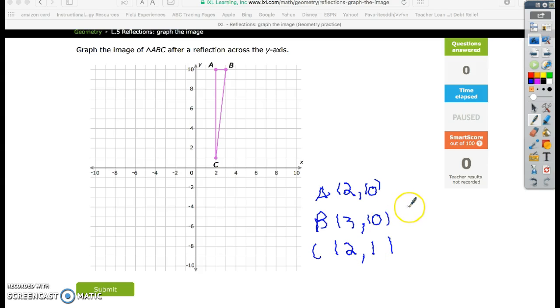Those are my coordinates. Alright, after the coordinates, I have to look at where I'm reflecting across, and I'm reflecting across the y-axis, and I look at my reflection rules and memorize my rules. So reflection across the y-axis, I know that that is change the x. So I'm going to say A prime, B prime, and C prime.